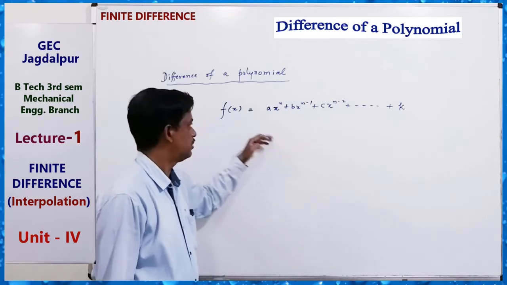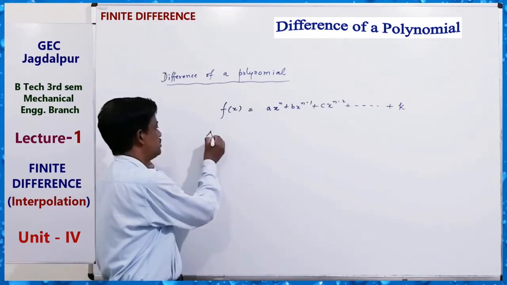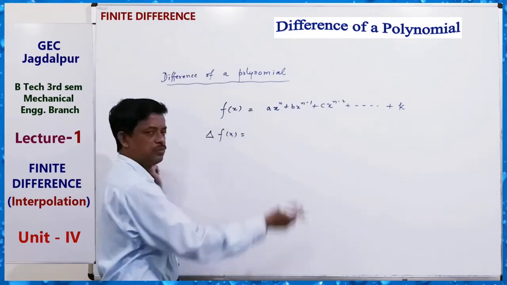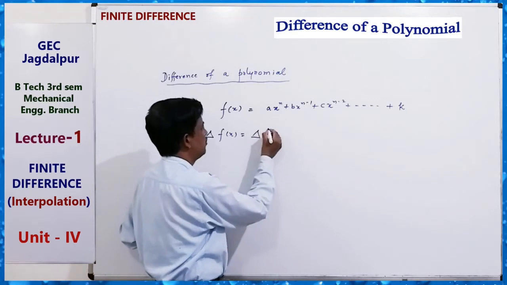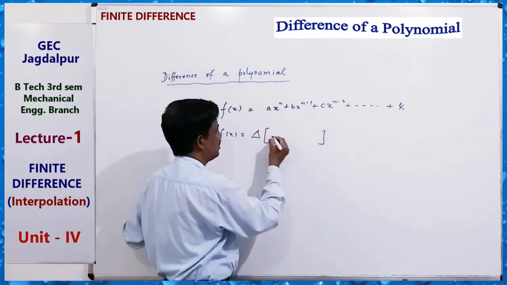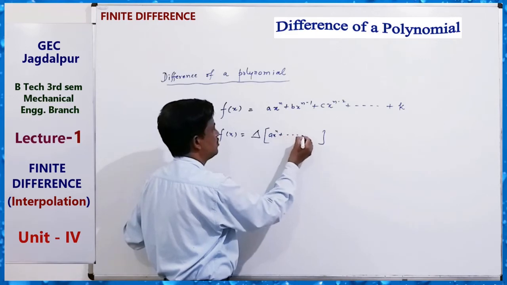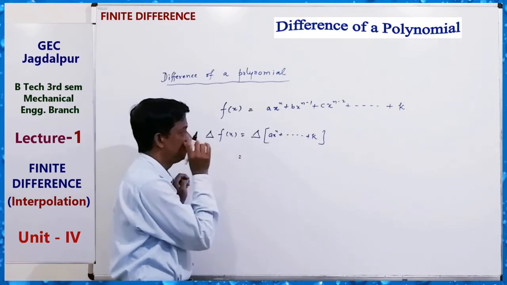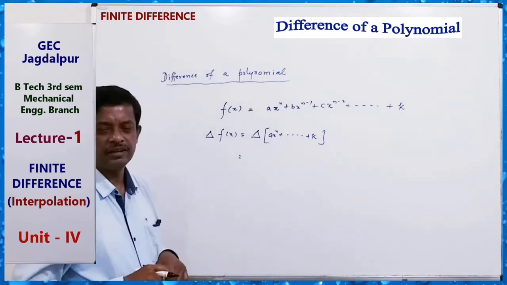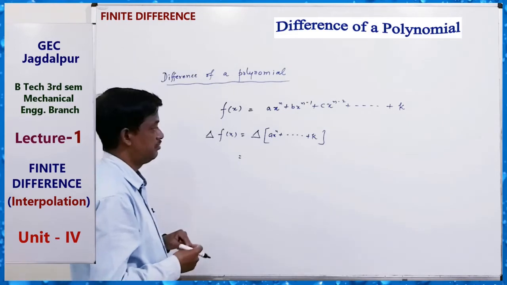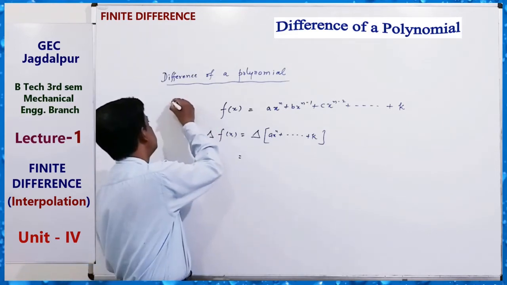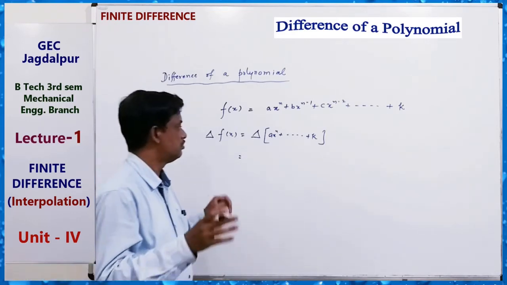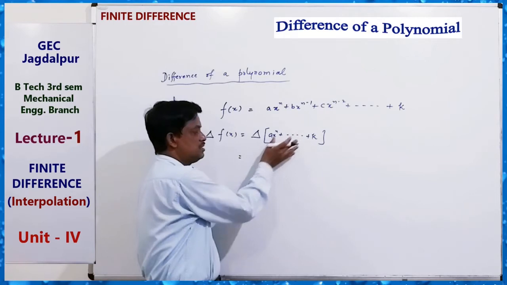Okay. So the difference of this function, f(x) as a polynomial. So we can take the difference. Just put here a x to the power n plus up to k. What if we take the difference at equal intervals h?